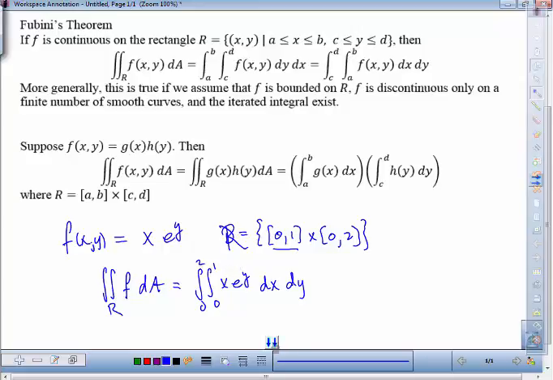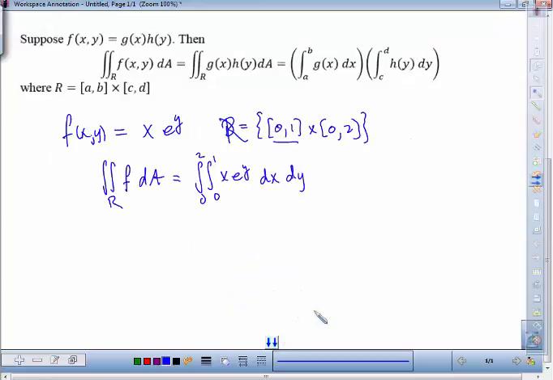I'm going to go two different ways here. One way would be an iterated integral, where we integrate the inside first and then the outside.